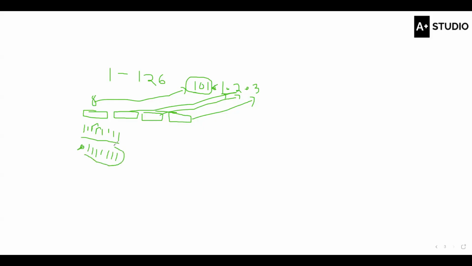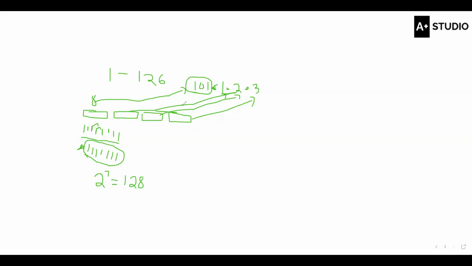The remaining bits are used to determine the network ID of the class A IP address, which is 2 to the power 7, which is 128. So 128 networks for class A.